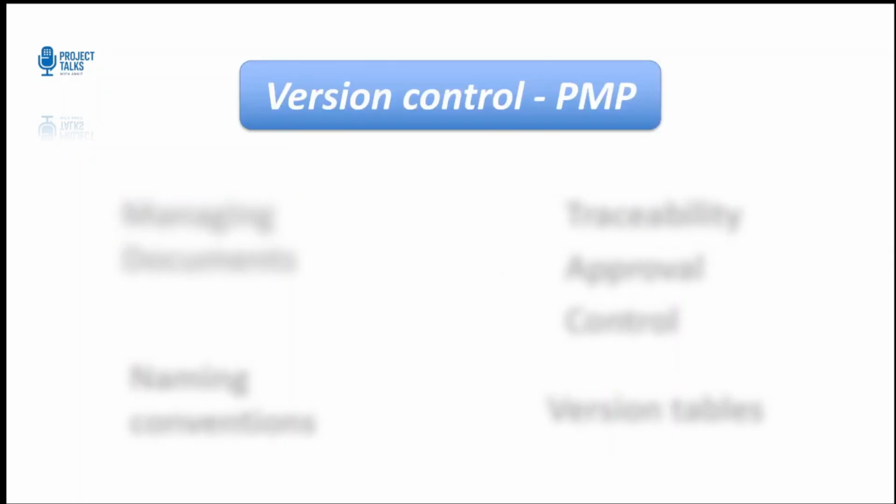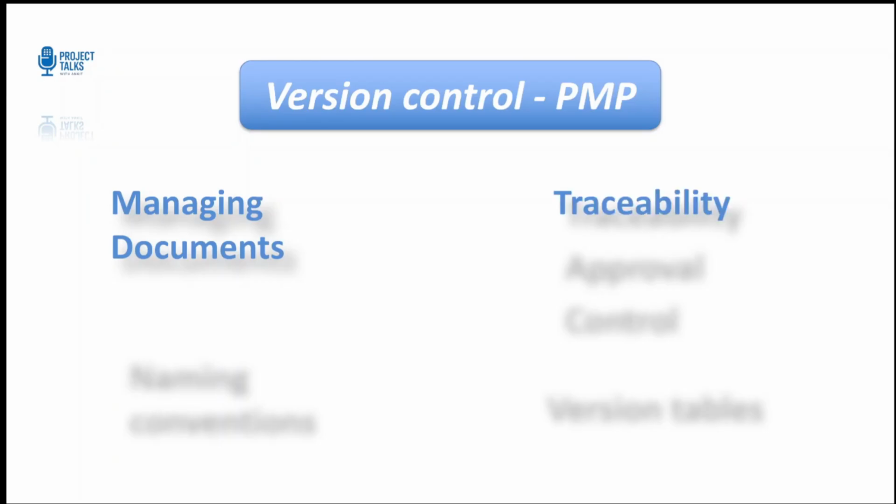On the other hand, version control in PMP is all about managing documents, project plans, risk registers, charters, schedules, etc. It focuses on traceability, approval, and control, not just tracking changes, but ensuring everyone uses the latest approved version.